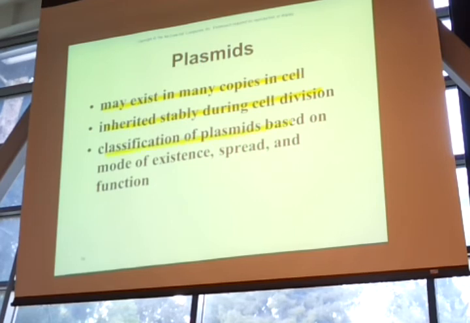And then different types of plasmids are basically classified according to what kinds of genes they have in them. So if you look here, conjugative plasmids are the types of plasmids that code for the formation of the F-pilus and also allow that plasmid to be replicated and transferred to another cell. R plasmids are associated with antibiotic resistance.